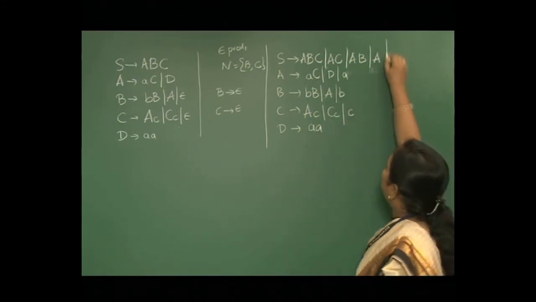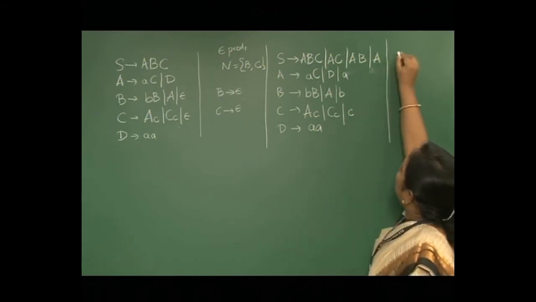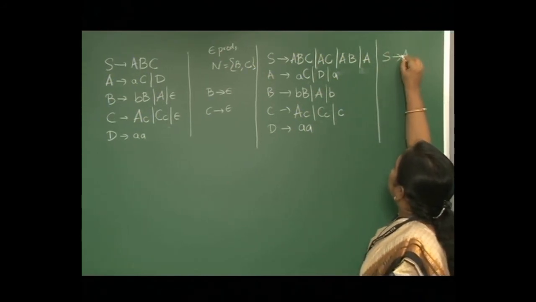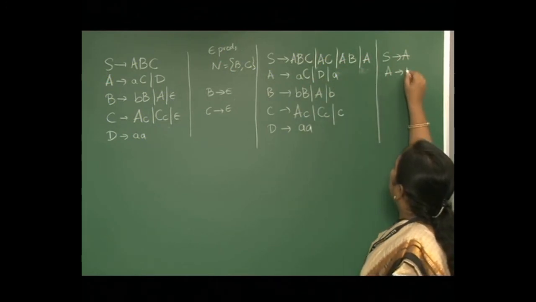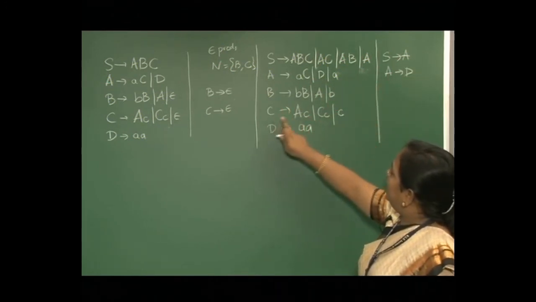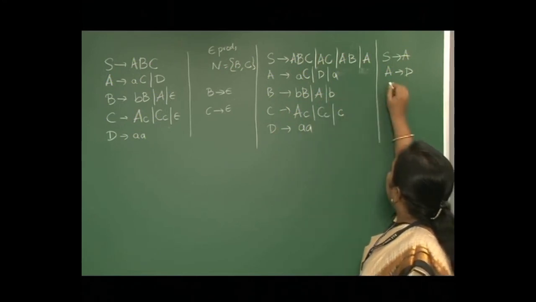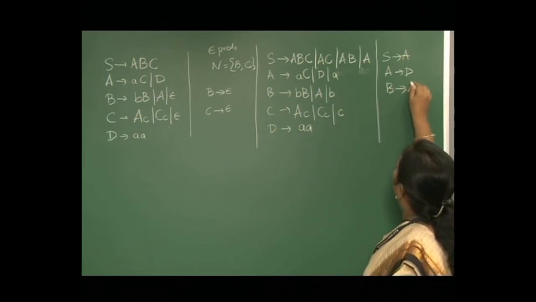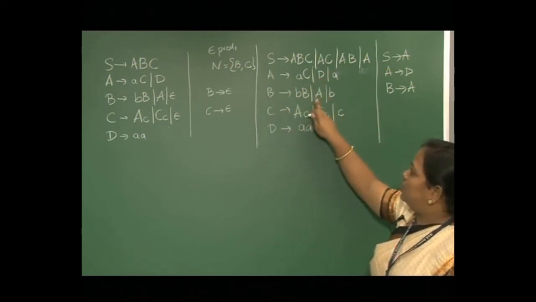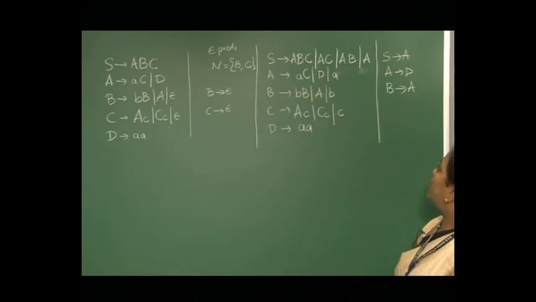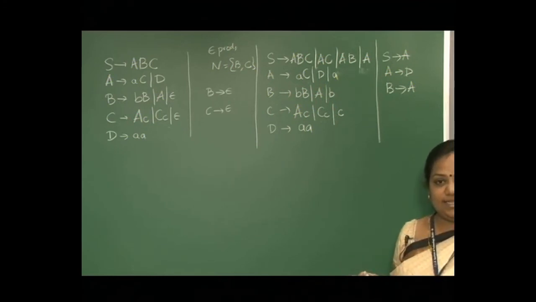Next is to find the unit productions. Which are the unit productions here? S tends to A, then A tends to D, a unit production, and B tends to A. These are the 3 unit productions identified in this grammar.